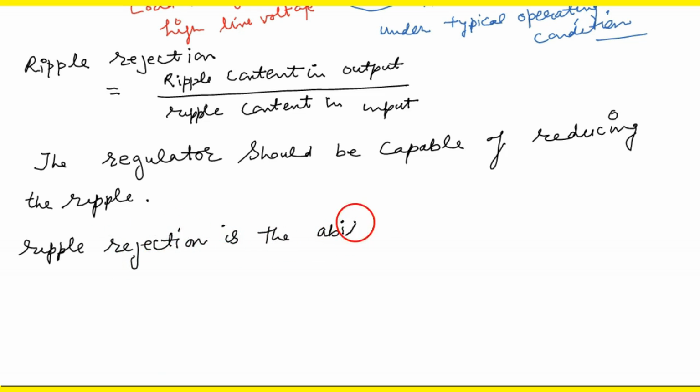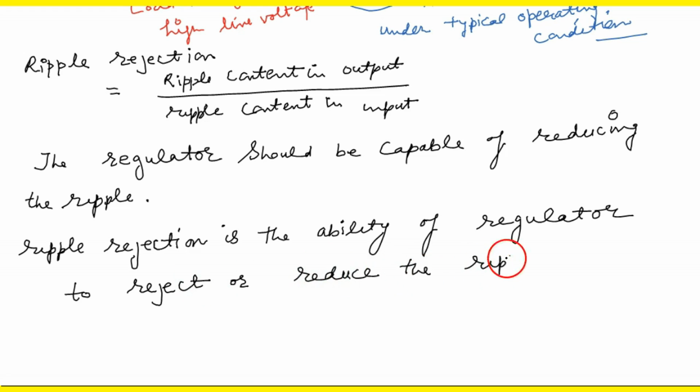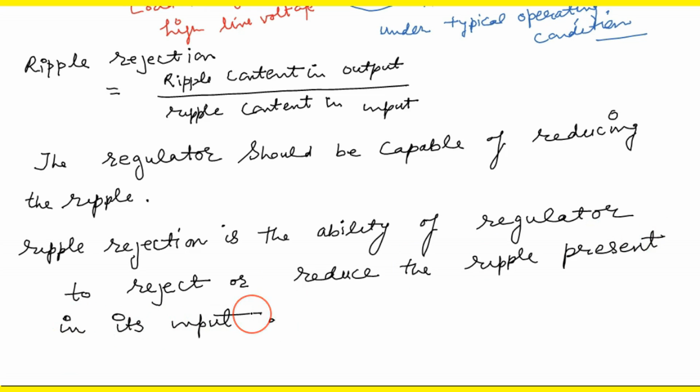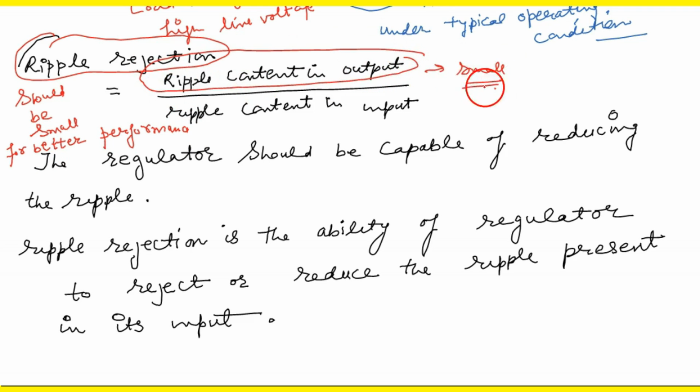Our regulator should be capable of reducing the ripple, so ripple content should be as low as possible. Ripple rejection is the ability of the regulator to reject or reduce the ripple present in the input. So our regulator should minimize the ripple content. Ripple rejection should be small for better performance.